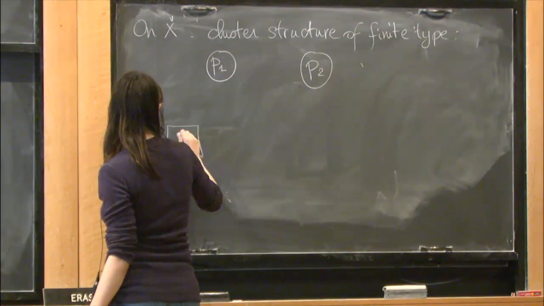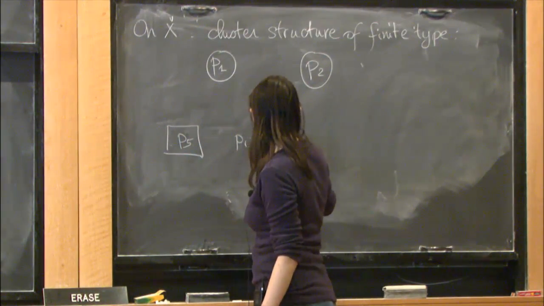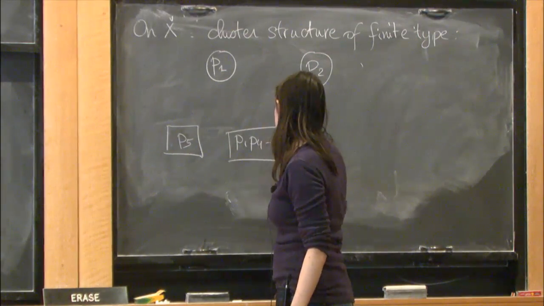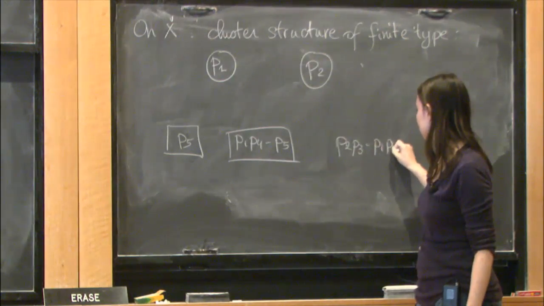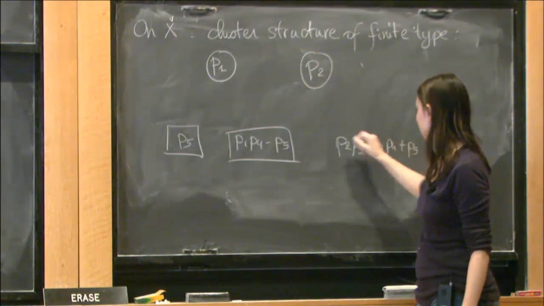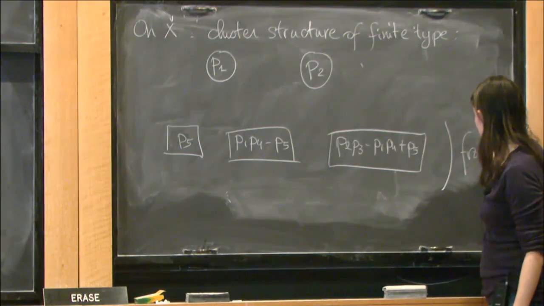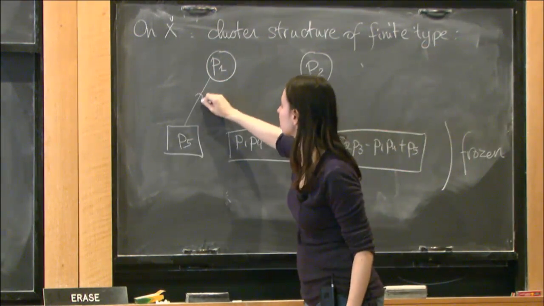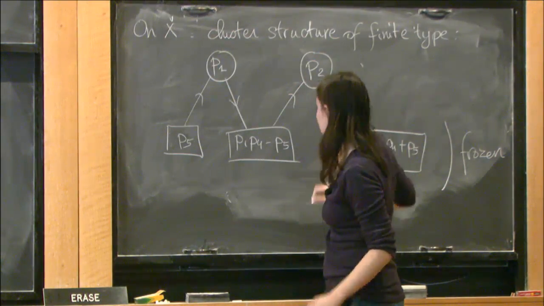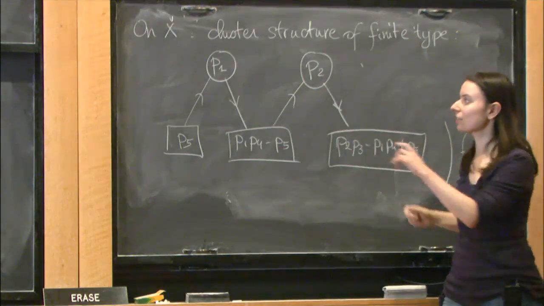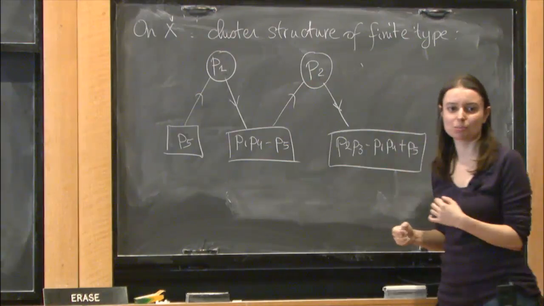So I've got P5 here. So this is all frozen. Okay, and if you mutate that, you will change P1 into P4 and here P2 into P3.